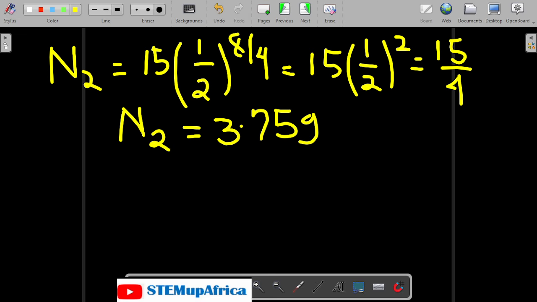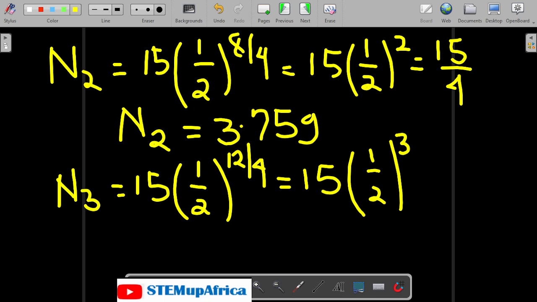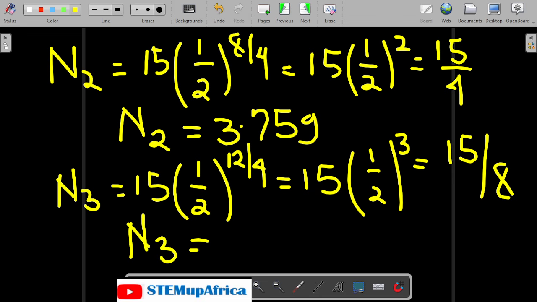Then after 8 days is 12 days, so my N3 is 15 times 1 over 2 raised to 12 over 4, which is 15 times 1 over 2 raised to power 3, simply 15 over 8. So my N3 is 15 divided by 8, which gives me 1.875 grams.